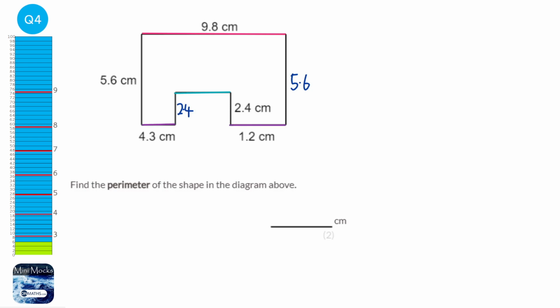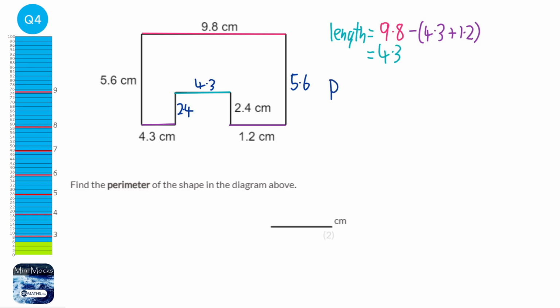So to work out the length of the missing bit, we're going to do 9.8, and we're going to take away the 4.3 plus the 1.2. And then when we do that, we get 4.3. So this missing bit here is 4.3.